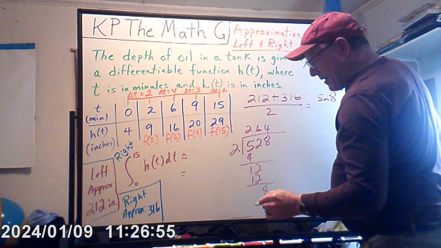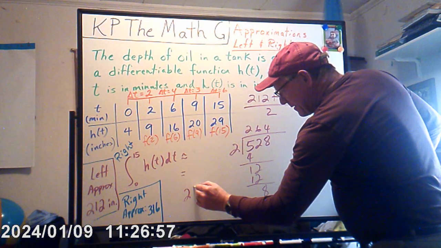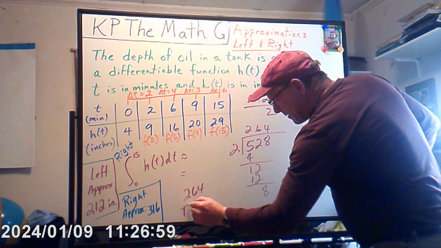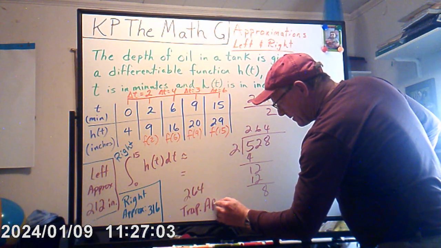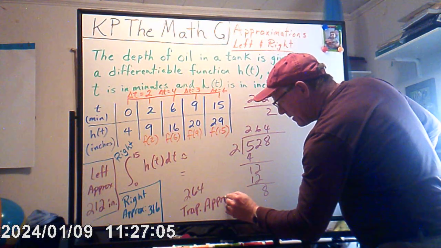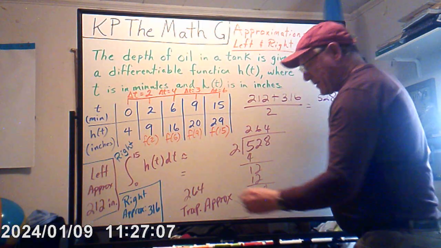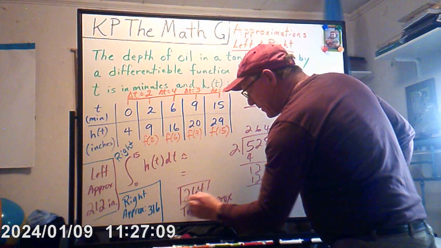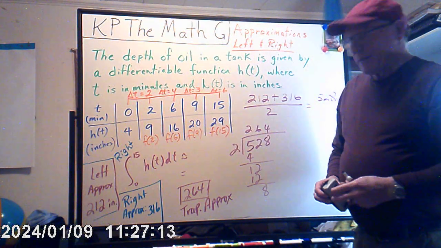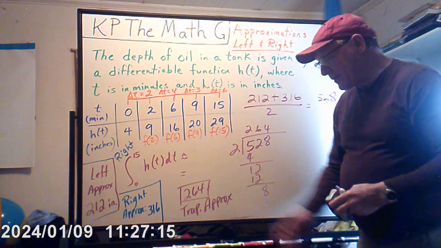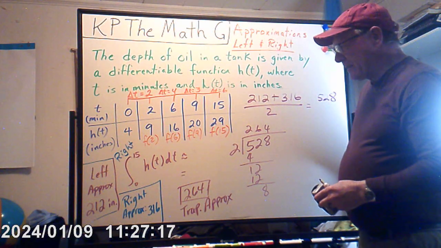So that would be 264. That would be a trapezoidal approximation. That's the average of the left and the right. I don't even have to do all that figuring. So that's trapezoidal.